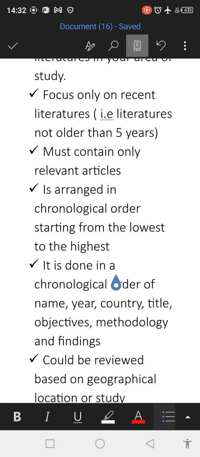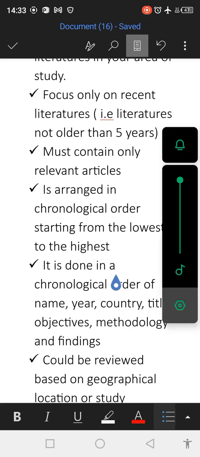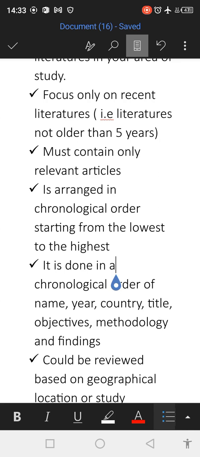All right. Your empirical review must contain only articles that are relevant to your area of study, that is, that are relevant to your research topic. For instance, you must not be working on something that has to do with corporate governance, and then you are now bringing in an article or a literature that has to do with ESG.